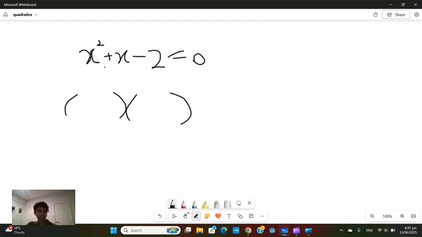Now, how are you going to find these? You need to find something which adds up to this and multiplies to this. And since it's negative 2 here, what multiplies to negative 2? You need to list that out first.